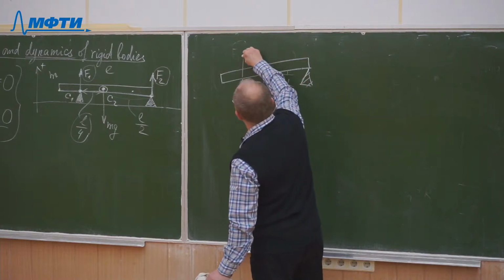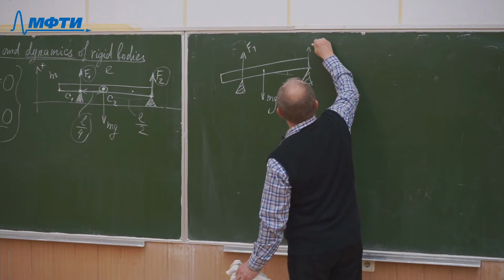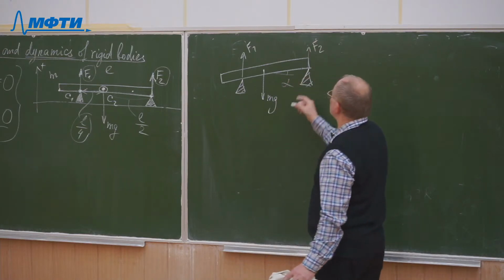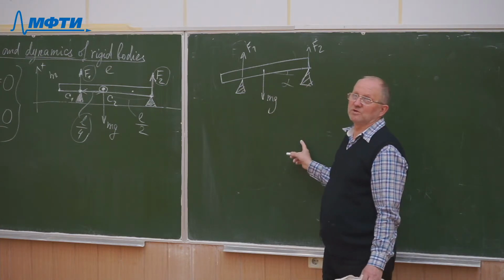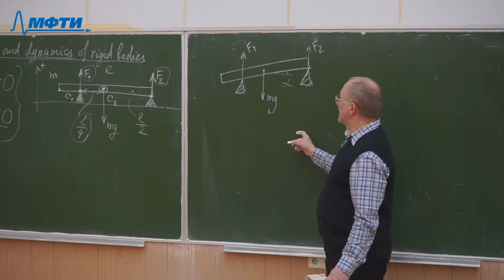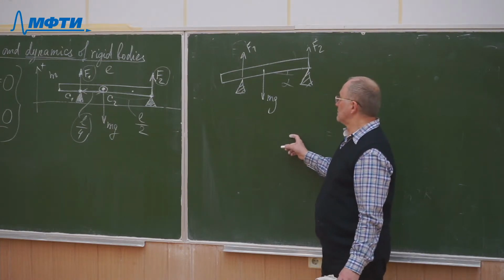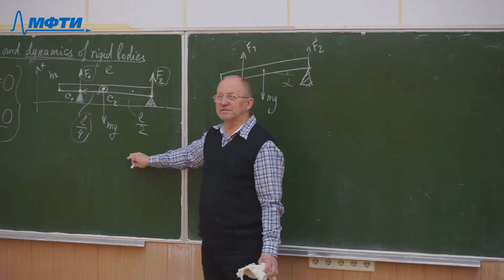Again, here we must have some force of reaction F1, and here we must have some force of reaction F2. If you try to find the forces of reaction F1 and F2 in this problem, you will discover an interesting and unexpected thing. This problem seems to be almost identical to what we have just considered.